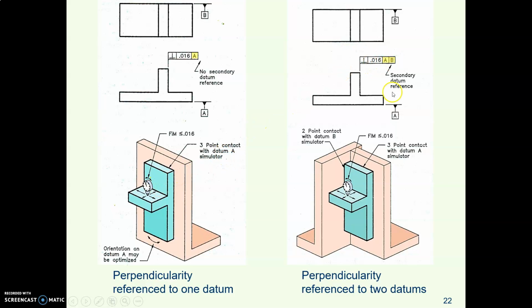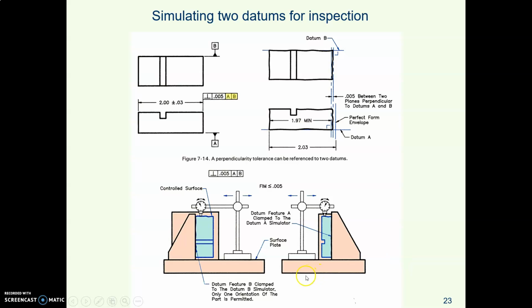If you give them two datums, then they can snug the part up against a flat surface and a linear surface, 3 points of contact and 2 points of contact, and now they have a solid surface to measure against.